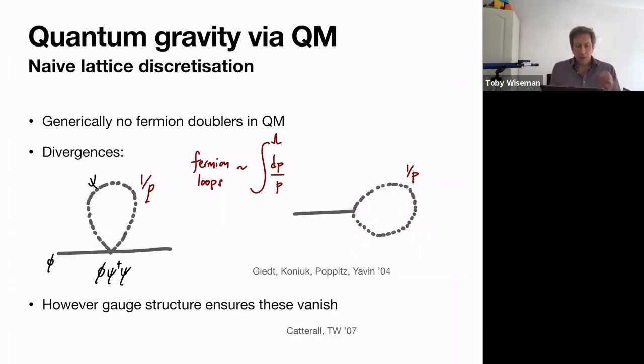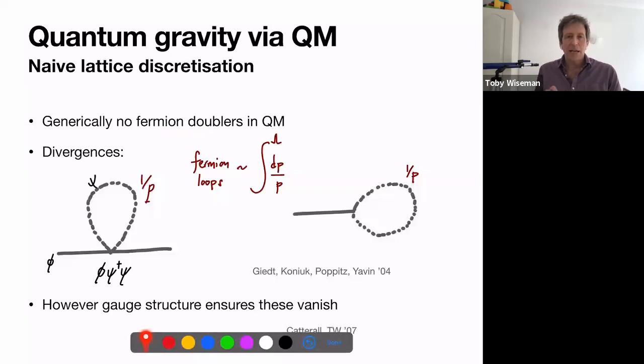When you try and put this theory on the lattice, it's very easy because it's just quantum mechanics. You don't have any issues with fermion doubling in quantum mechanics unless you do something silly. And it's possible to have divergences with fermions in quantum mechanics from loops like this. There was a very nice paper discussing this.